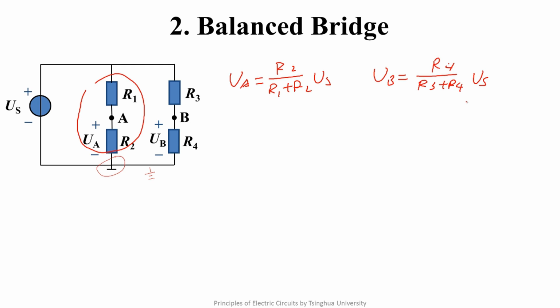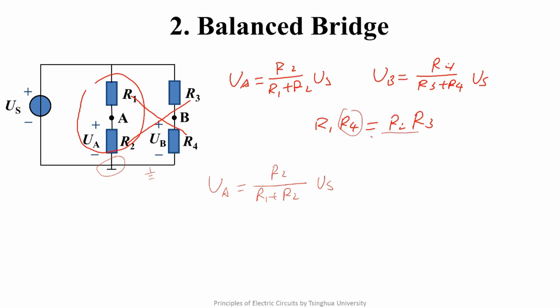We need to discuss a special case, that is, R1 times R4 equals R2 times R3. What's the relationship of UA and UB in this case? Let's deduce it. R2 times R3 divided by R4, then substitute it into the equation.